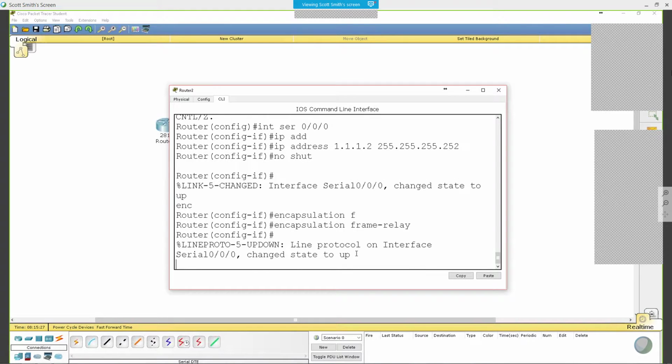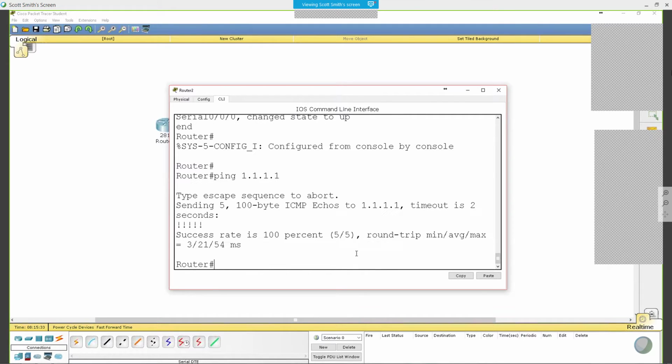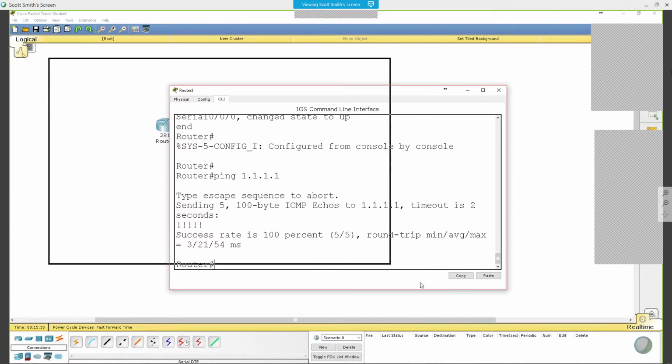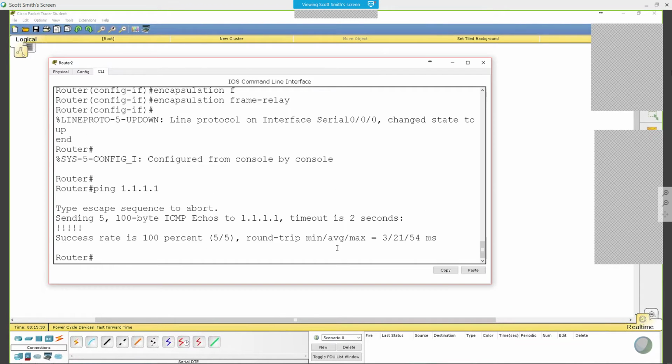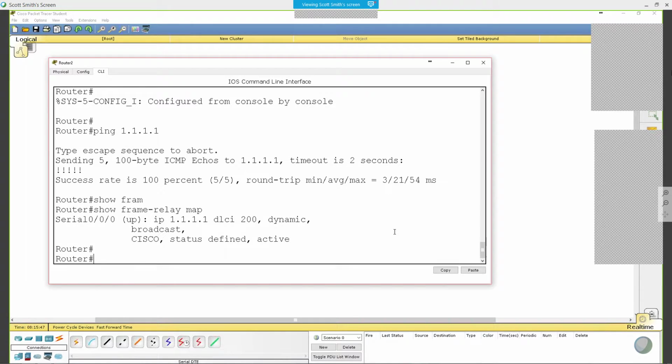And look, it came up. Ping 1.1.1.1. I can ping across the frame relay network. And I can do show frame-relay map, which is, by the way, the command you need to know for the test. And I can see that the PVC is active. It was dynamically created. It supports broadcasts.